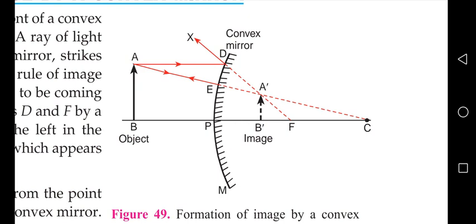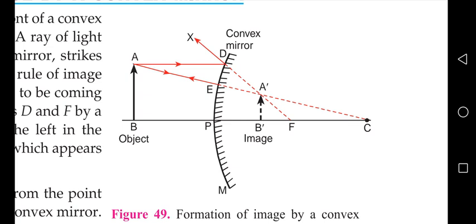So I'm going to take a ray AD which is parallel to the principal axis. Then this ray is going to be reflected in such a way that it looks like it is coming from principal focus, right? So you can see that AD is a ray which is parallel to the principal axis. Then DX is a ray, reflected ray. It looks like it is coming from the focus.